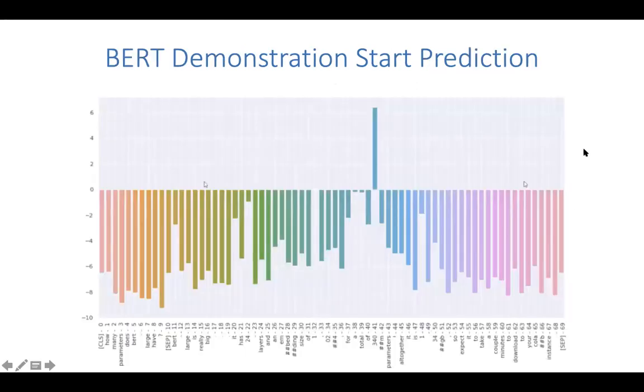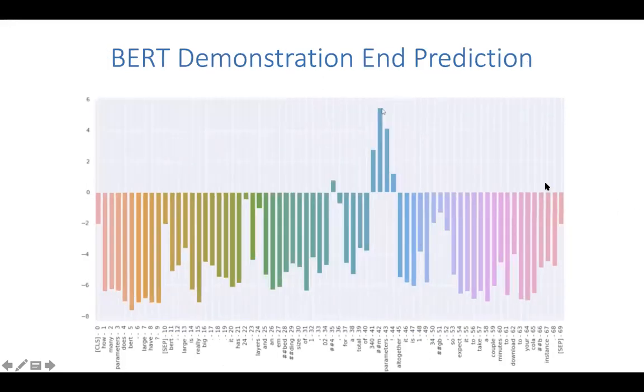And then if you actually do it, these are the actual logit values. This is not the probability value, this is the logit value. Here is the span of the question, and here is the span of the reference text. Obviously the start should be here, so this is the prediction of the start span. 340 has the largest logit value, and interestingly the ending span has a bit more varied flavor.